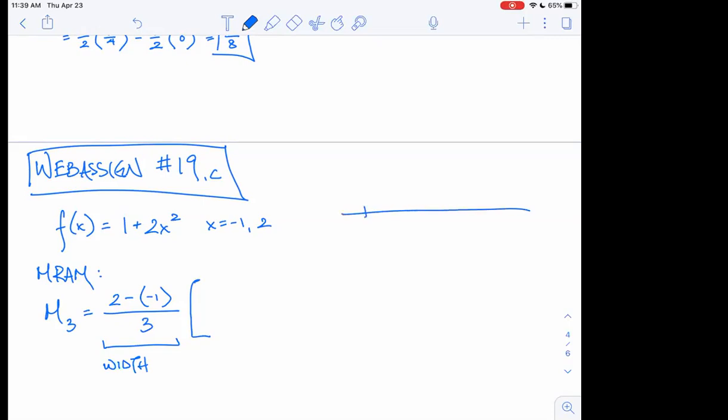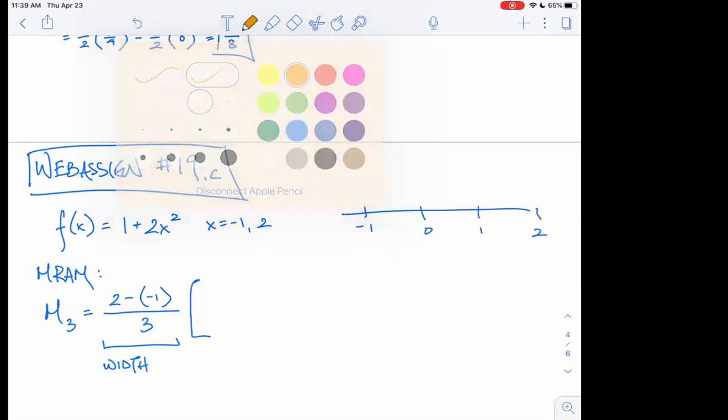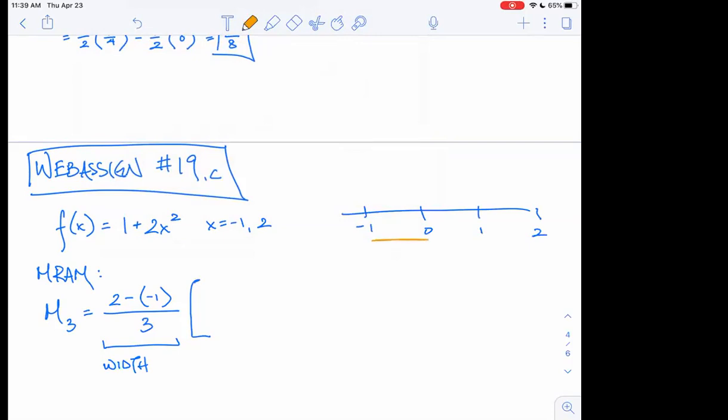So like I have -1, 0, 1, and 2. So where is halfway between -1 and 0?